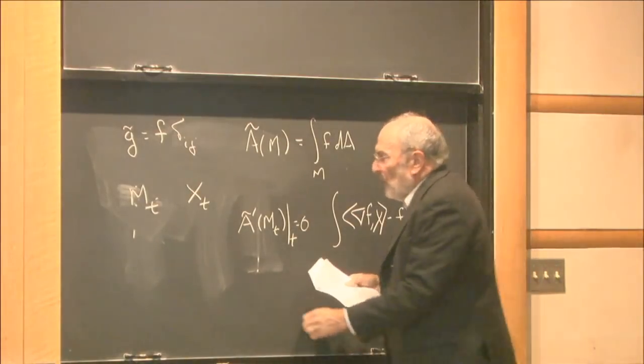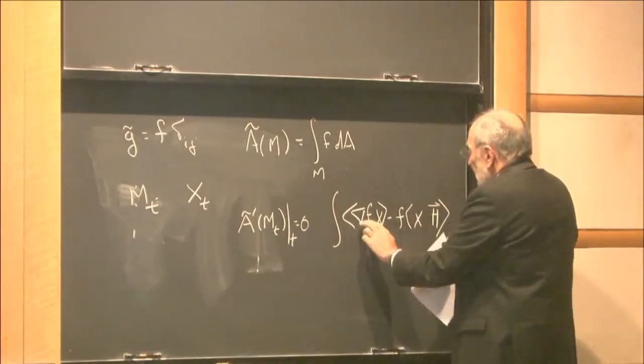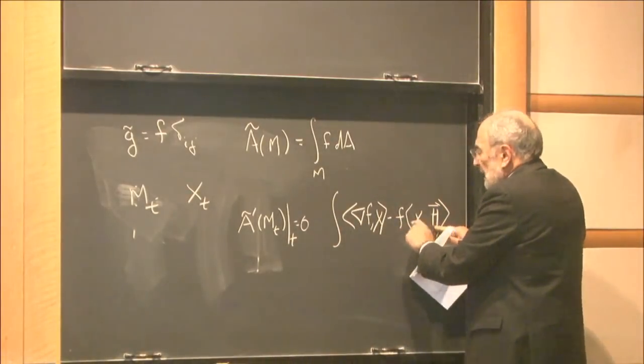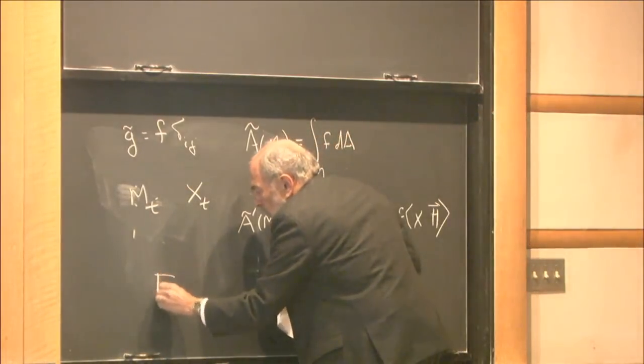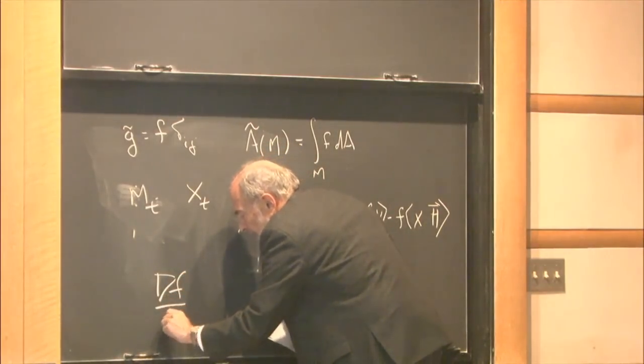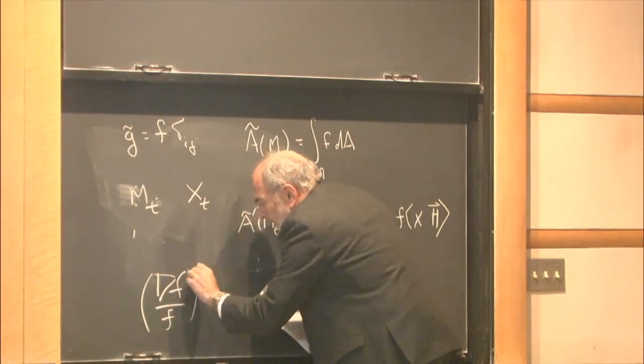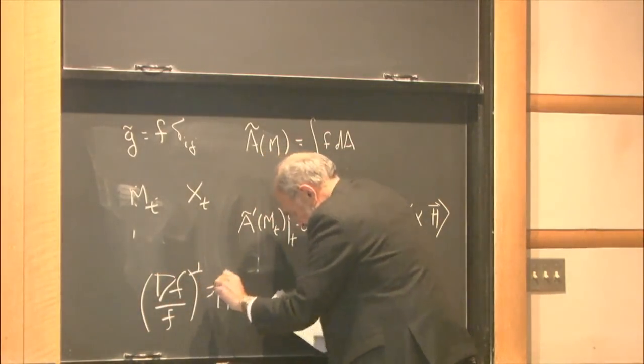So if I want minimality in this metric, I see that the gradient of f over f, normal part, has to be the mean curvature.